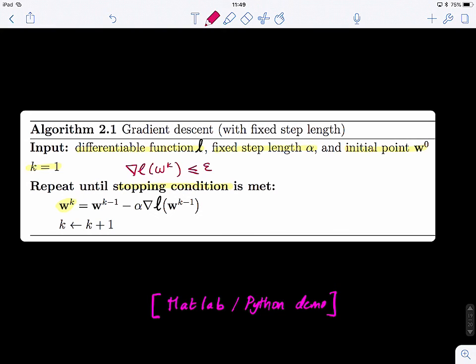I think it would be very nice if you can look at this. You read the code in Python, you run it. In MATLAB it's complete, so you just run it right away. But in Python some parts might be missing because they have incomplete code, so you can try to fill in what's missing and run those, understand them, play with them, and this is how you will learn. Okay, great. So let's run this demo.